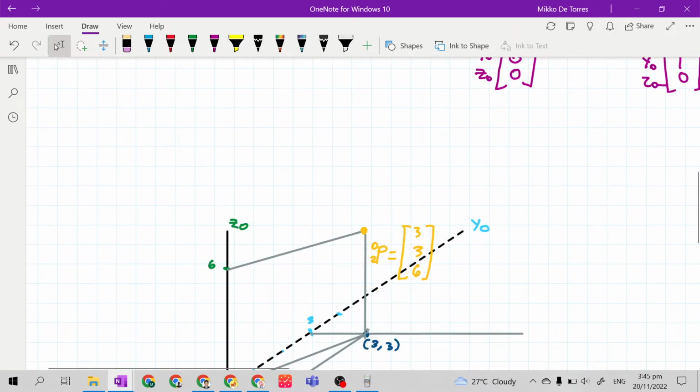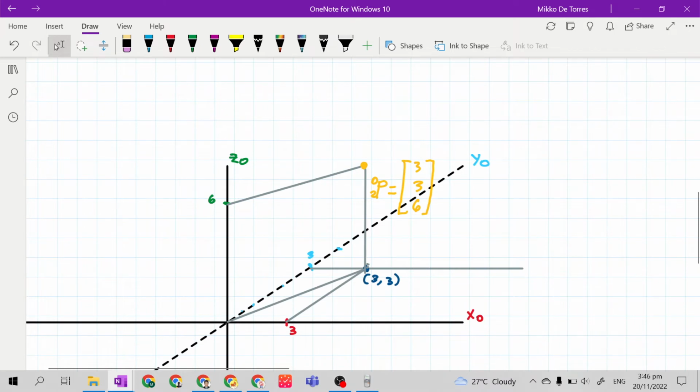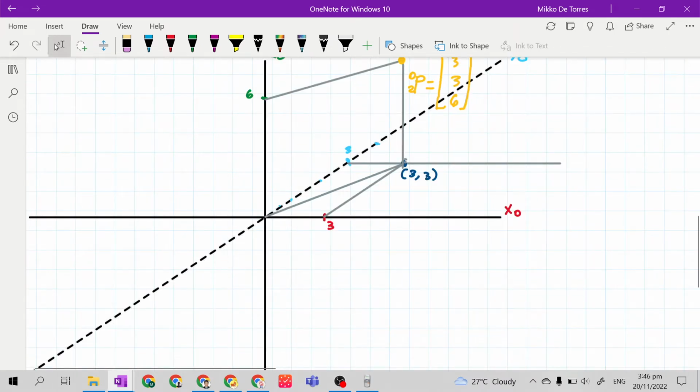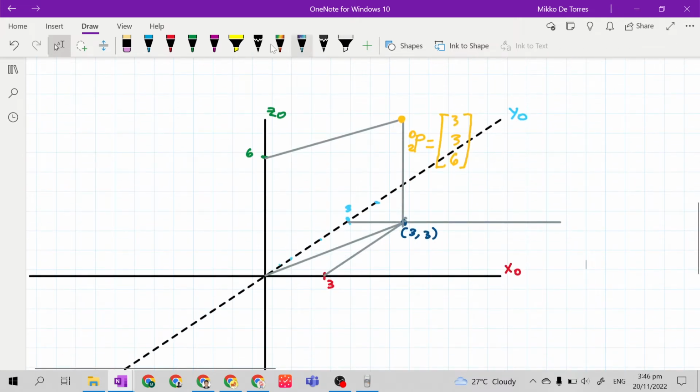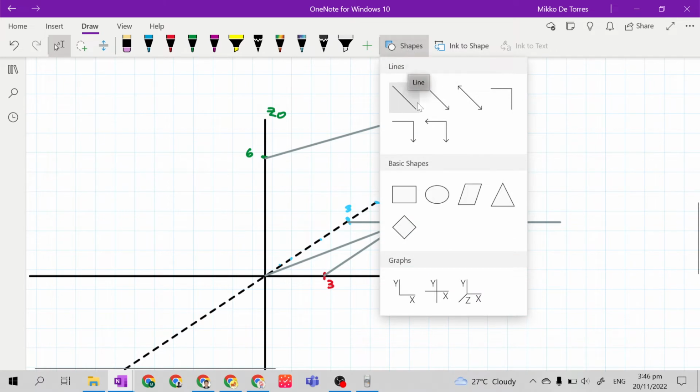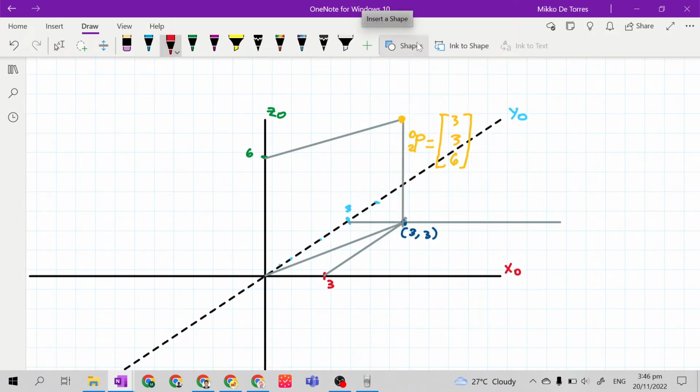projected only at x sub 0. So this is x sub 0. We will add 1 to the position at the x axis. So 3 plus 1 is equal to 4.